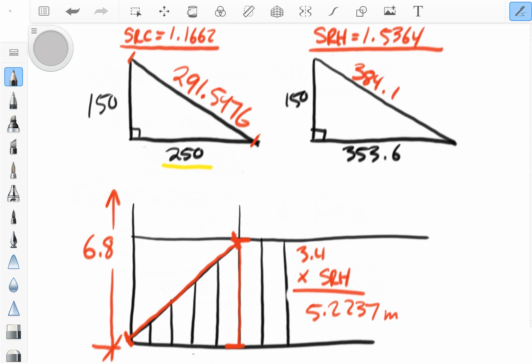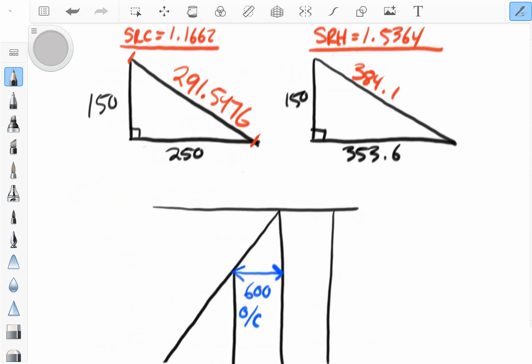We're going to set up with a different screen and use this to calculate the difference in jacks. We're starting off with our spacing. What we want to calculate now is our difference in jacks. Really, our difference in jacks is simply the hypotenuse of a run of 600 millimeters.